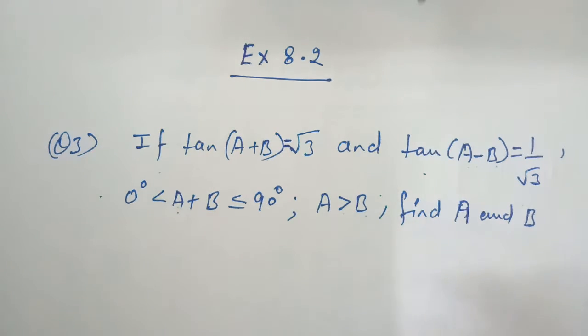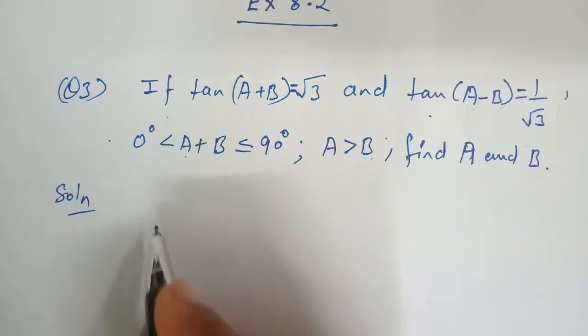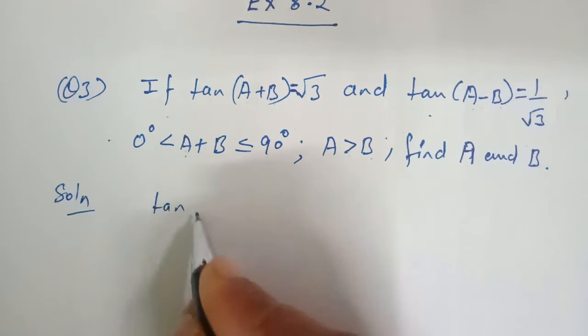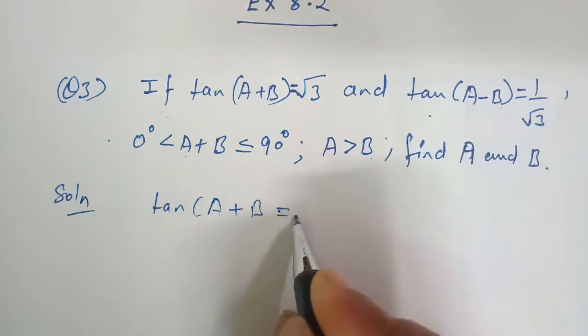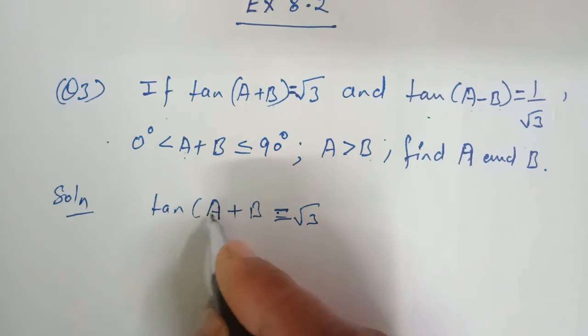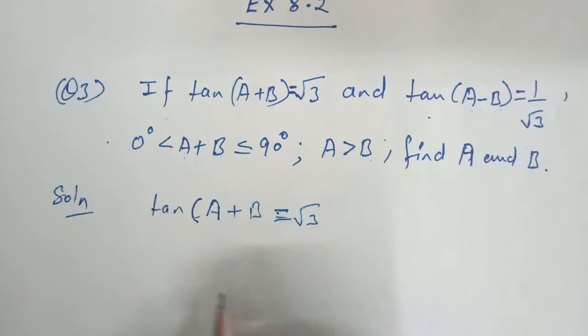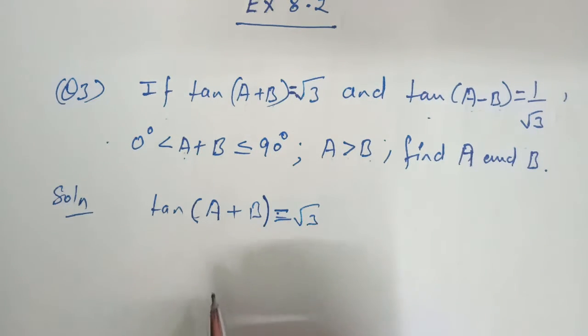So we are going to use the trigonometric table. Let us do the solution. It is given tan(A plus B) equal to root 3. Now we have to revise the trigonometric table in which the value of tan is given.